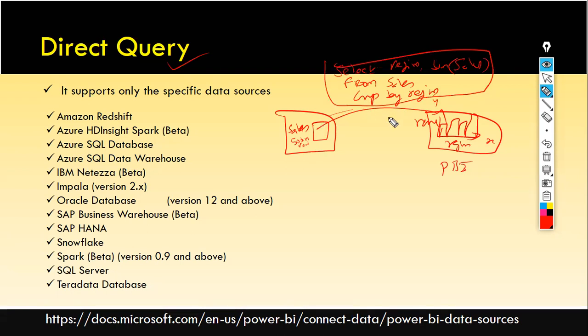I don't need the individual transactions. Let's say in the last month in the north region, if you see the number of transactions, it was close to, let's say, 10 million invoices we generated.